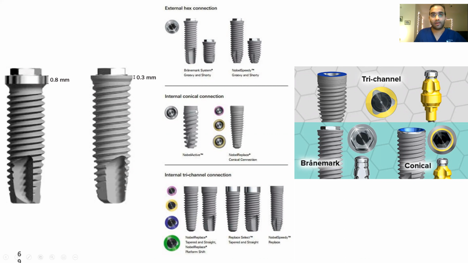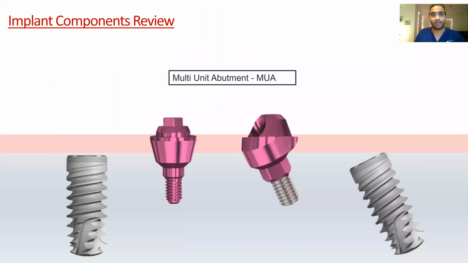So what we know now works a lot better is changing that connection from an internal hex to an external hex using what we call a multi-unit abutment. And that multi-unit abutment is going to make the new full arch prosthetic a lot easier to fabricate, a lot easier to maintain over the long term, and we'll discuss the advantages here.